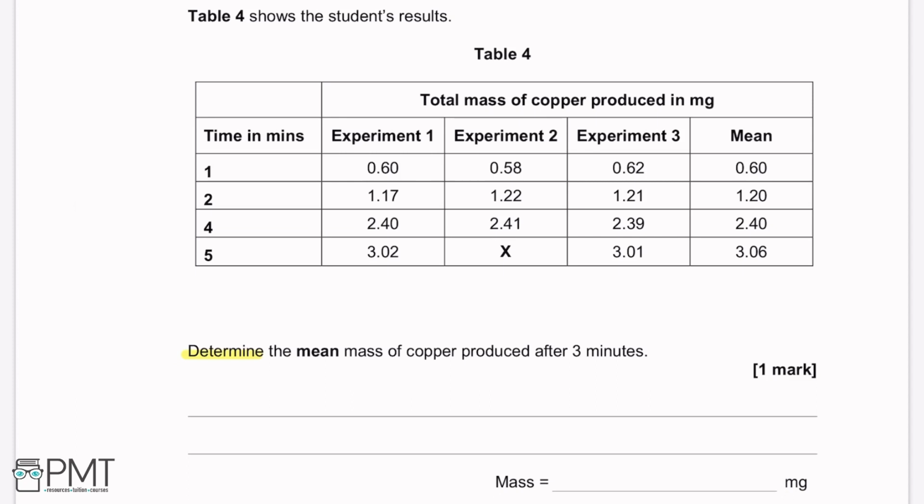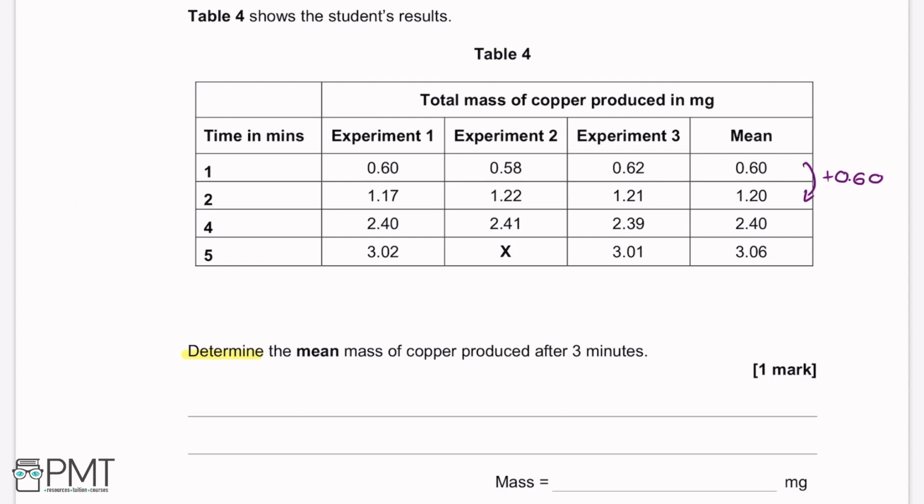So let's look at the pattern in the mean. So the mean at 1 minute was 0.6 and the mean at 2 minutes was 1.2. So how do you get from 0.6 to 1.2? Well, you add 0.6. So let's just try and see if that pattern's the same if we include 3 minutes.